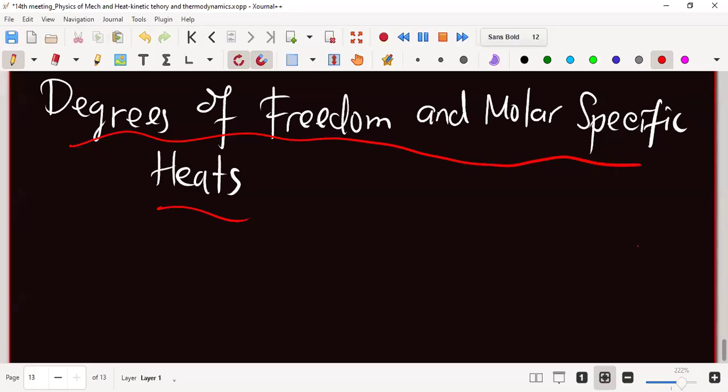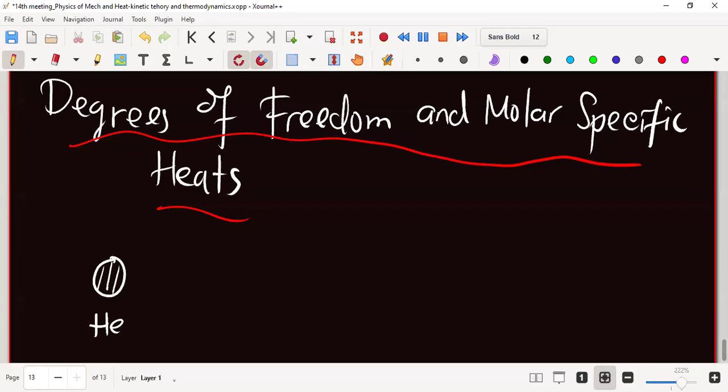Okay. For monoatomic molecules, we have already verified the specific heats. And then oxygen is a diatomic molecule containing two atoms, and then methane is a polyatomic molecule. So here we can write that monoatomic molecule, like helium, has only one atom.